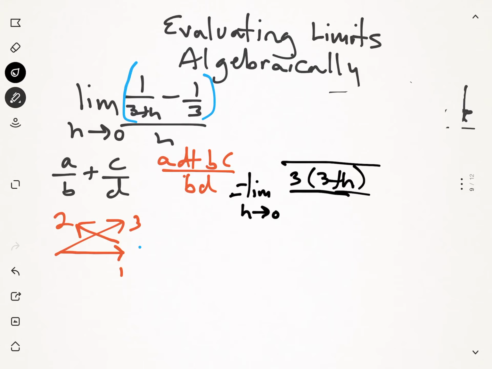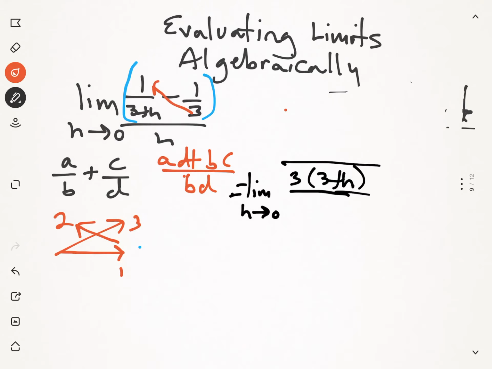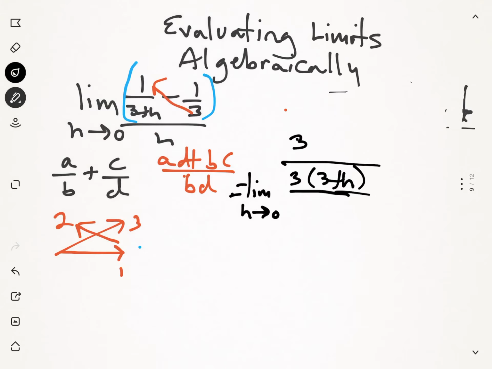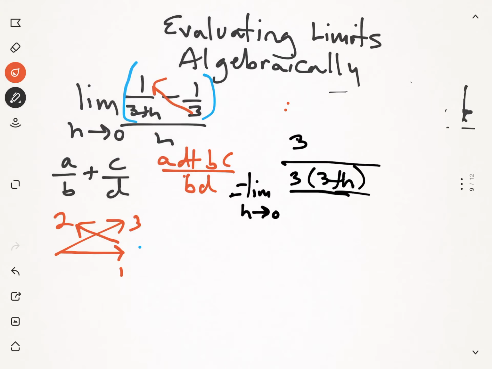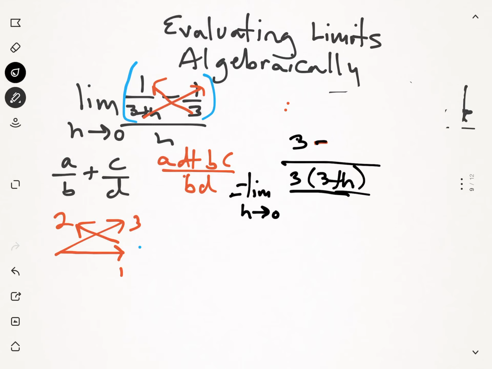Now we're going to multiply vertically, 3 times 1, and we're going to get 3. Now we're going to go this way, and 3 plus h times 1 is going to be 3 plus h. But we're going to separate it with a minus sign, and we're going to put 3 plus h. All of that over h.